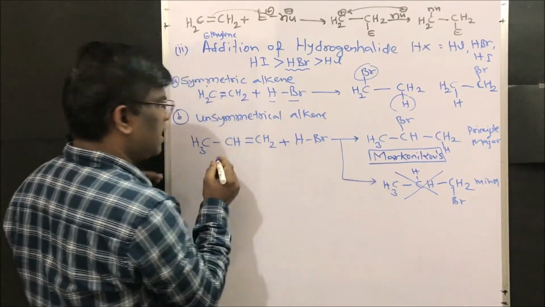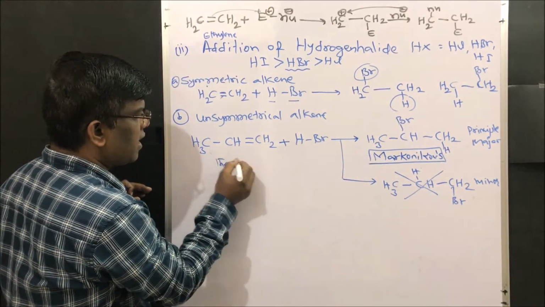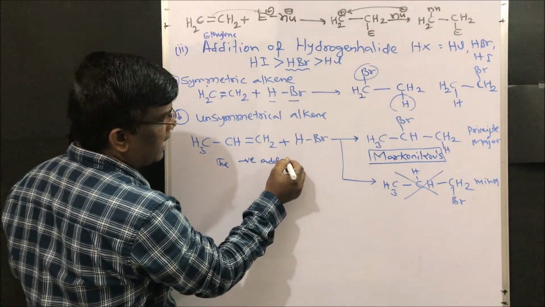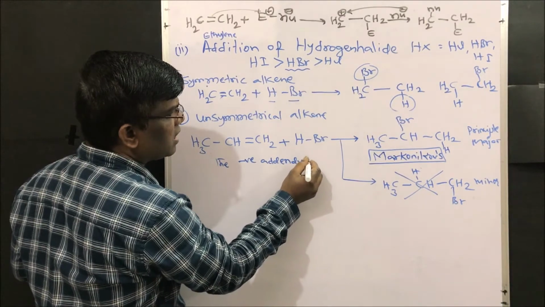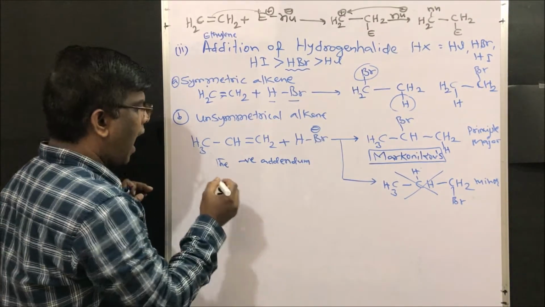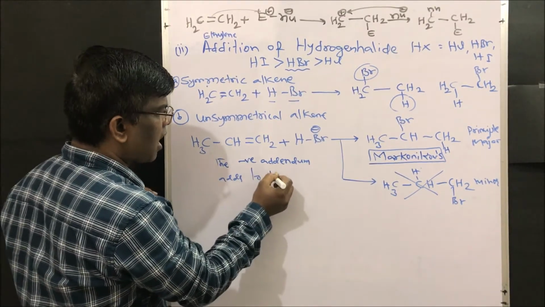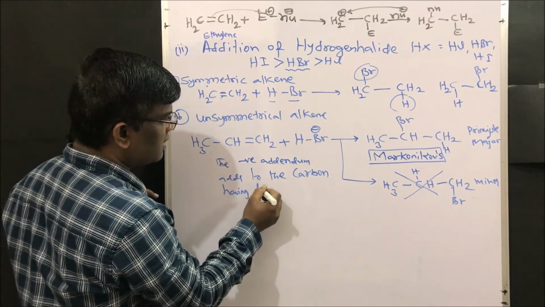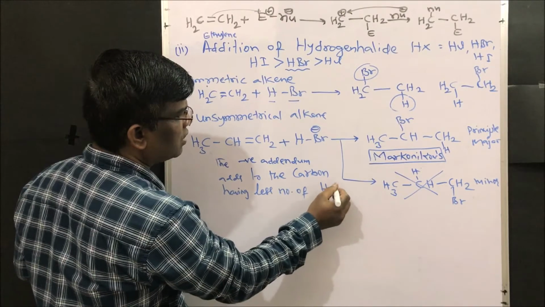Markovnikov's rule states that the negative addendum, which here is bromine, adds to the carbon having fewer hydrogens.